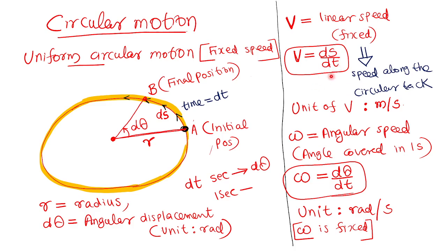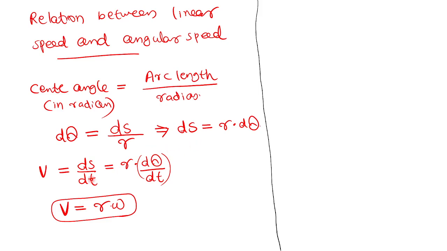If you still have a doubt, you can watch the recorded class. The linear speed equals ds by dt: distance by time is the speed, you know.